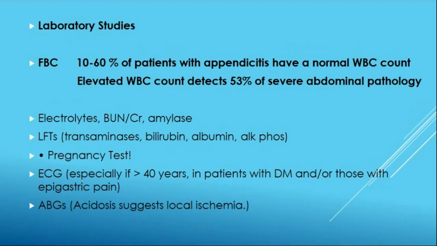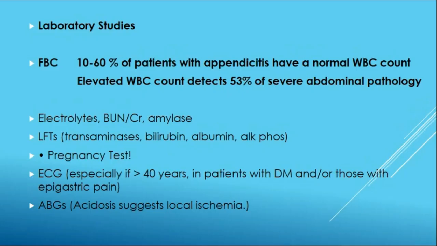So basically, to start, we always do inflammatory markers. The two famous inflammatory markers are the full blood count and the CRP. If your white cell count is high, you're quite sure that there's some sort of inflammation.